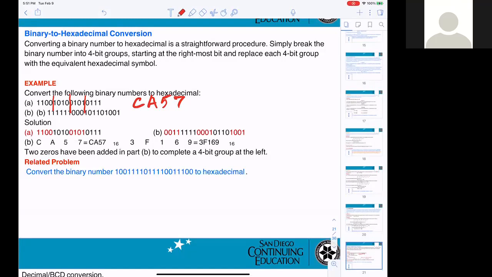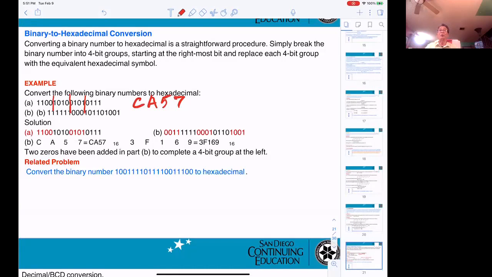Can you explain it again, Mr. Pham? From the right to the left, divide into groups of 4 bits and try to find the hex symbol for each group. Okay, so the first one you get is 1, 1, 0, 0.